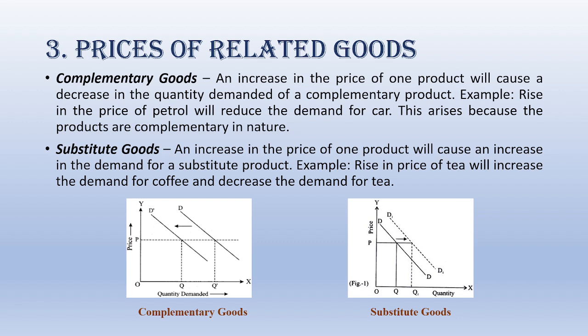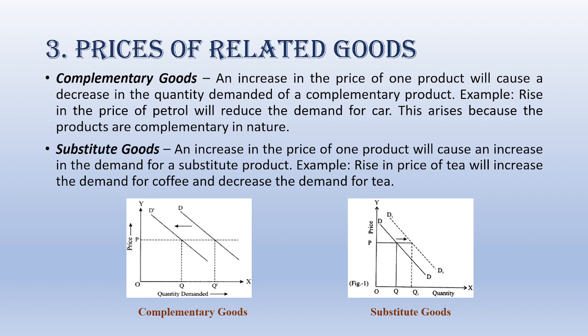For example, if the price of petrol increases, the consumer will see that the prices are increasing, so they will try to decrease the demand for buying a car. This is because these two goods are complementary in nature.